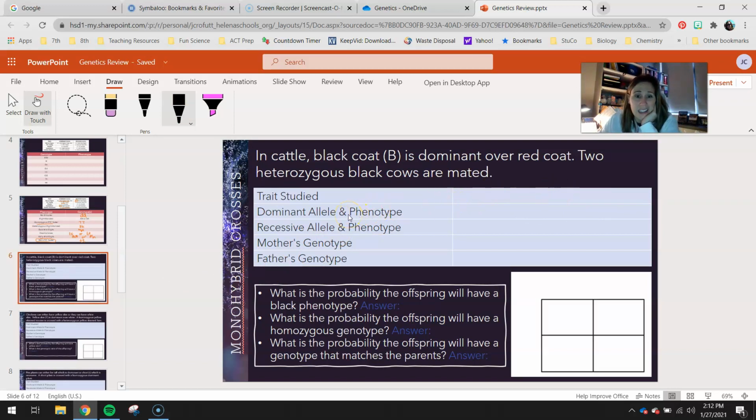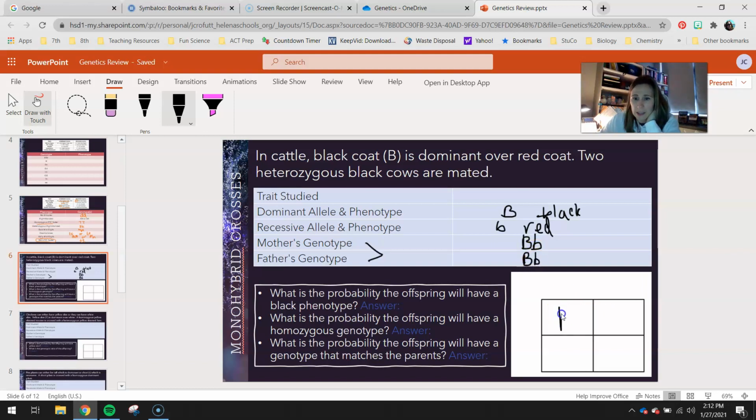The dominant allele and phenotype is black, and it's a capital B. Our recessive is going to be a lowercase b, and that one's going to be red coat. For the mother's genotype and father's genotype, since they're both heterozygous, they're both going to have one dominant and one recessive allele, so big B, little b.